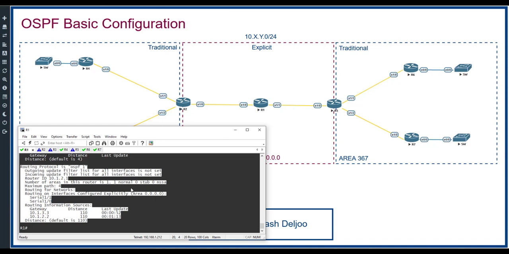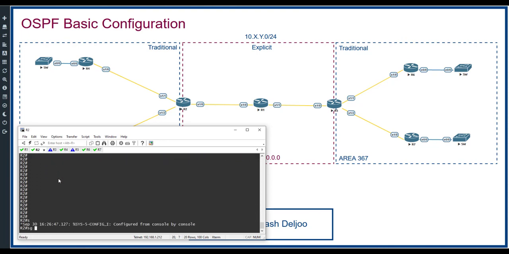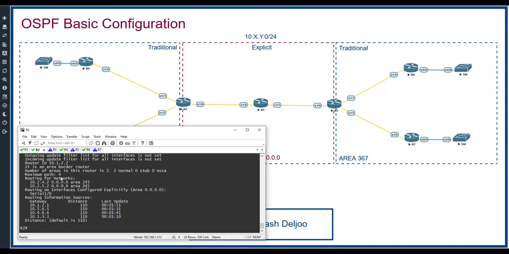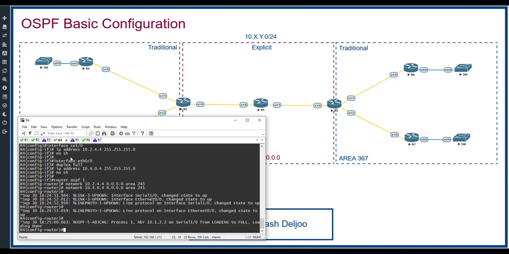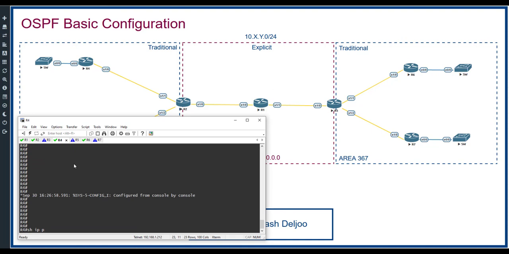Routing protocol is OSPF 1. Okay, let me show you another router, for example router 2, about show ip protocols, because I'm going to compare the results. And also, for example, router 4. This is router 4, show ip protocols.